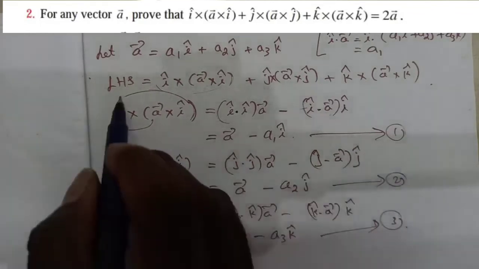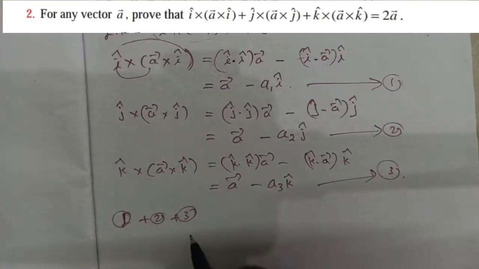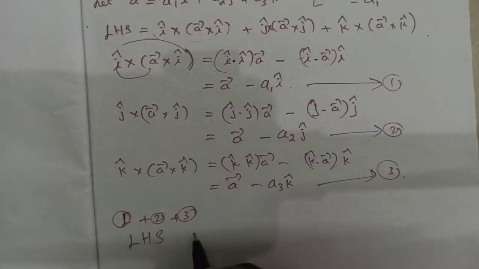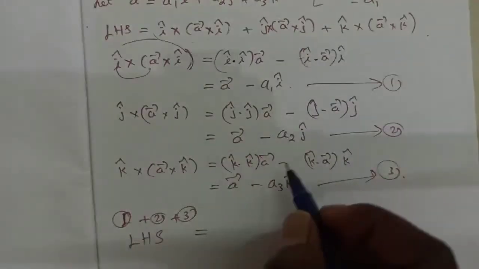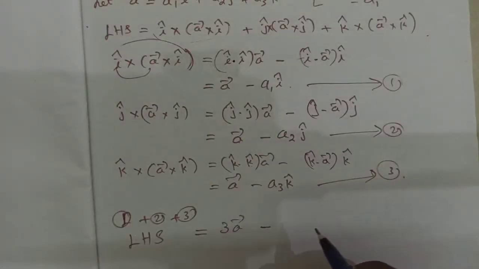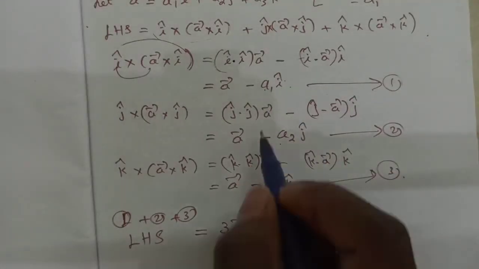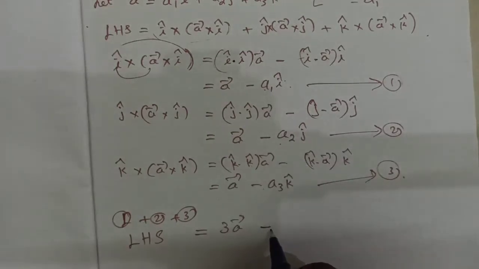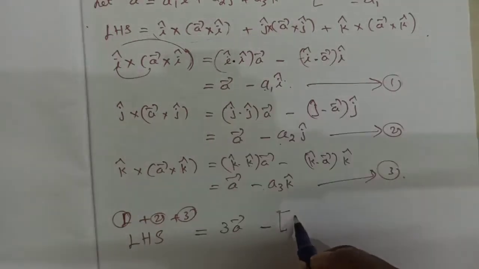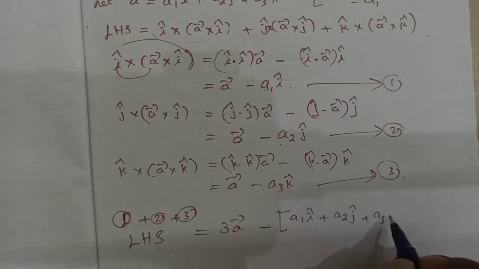So for LHS we can add these 3, 1 plus 2 plus 3. Okay, if you add these 3 for the LHS, left hand side, a vector, a vector, a vector, so 3 times a vector, so we will get 3a vector, minus a1 i cap minus a2 j cap minus a3 k cap. So now I am going to take minus common, then we will have a1 i cap plus a2 j cap plus a3 k cap.